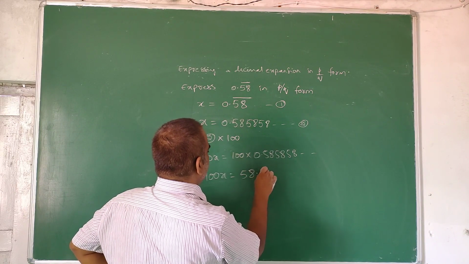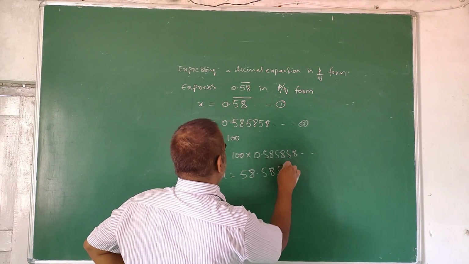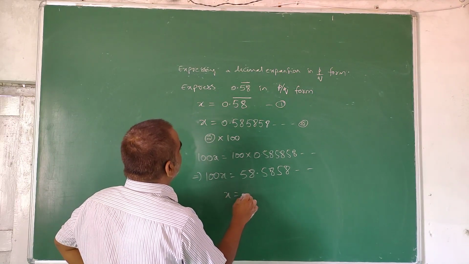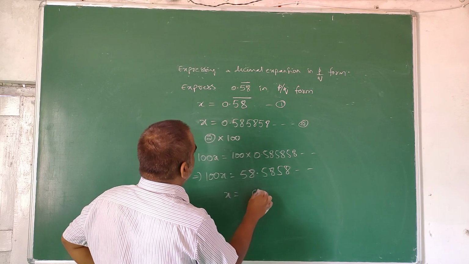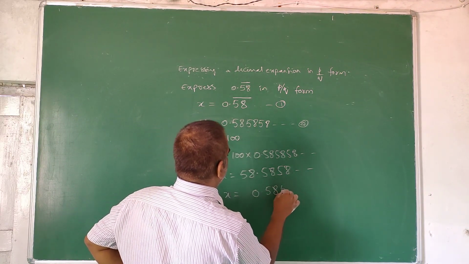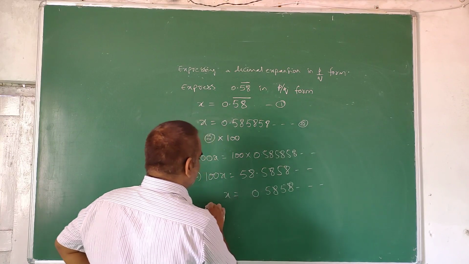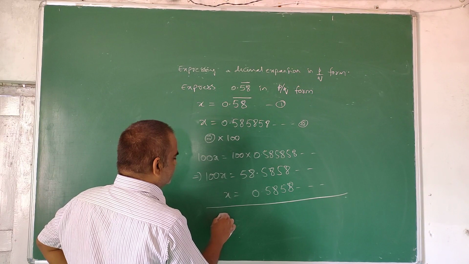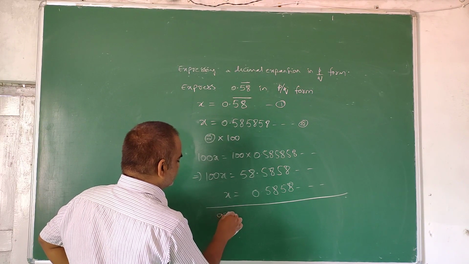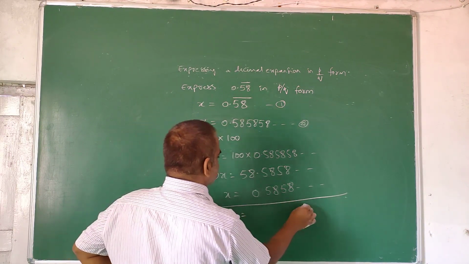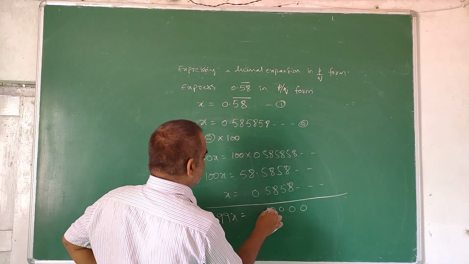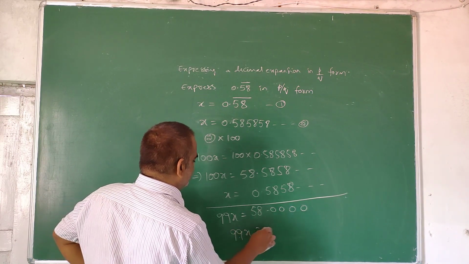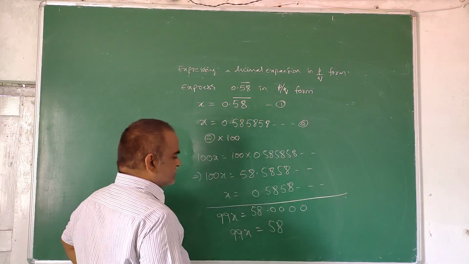So 58.585858 goes on. Now just below this, please take our x expansion. It is 0.585858 and so on. Now go for subtraction: 100x minus x is 99x is equal, and on this side all the decimals are zeros, so 99x is equal to 58.